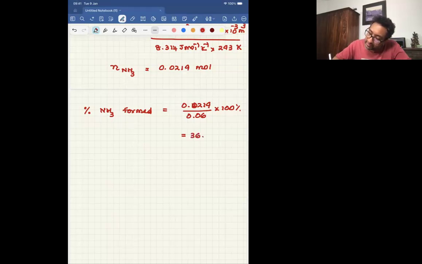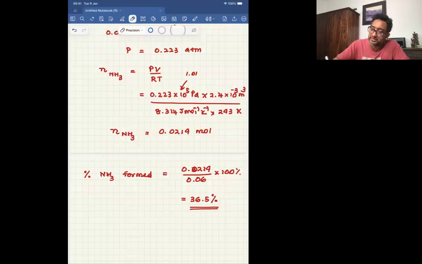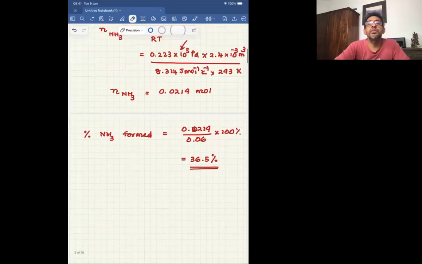I might get 37.17 if I use 1.013 times 10 to the power 5. If I use that, I can get a closer answer. Did you understand that? Children, all of you, everybody? Check whether you understood that.